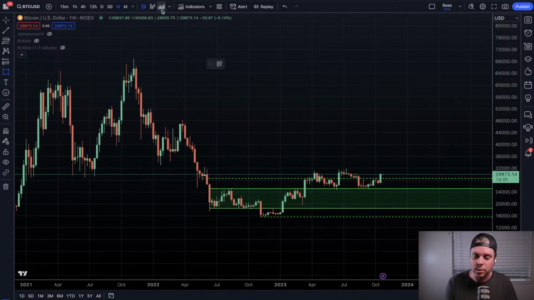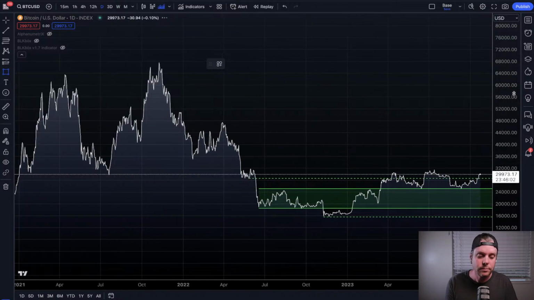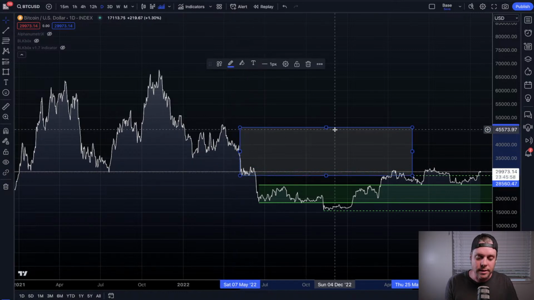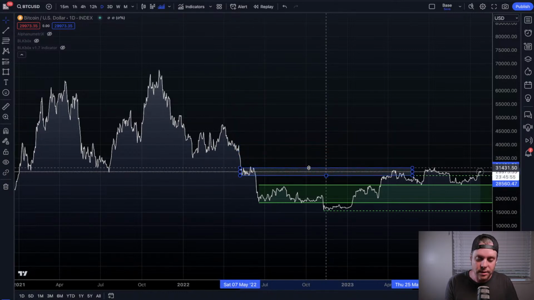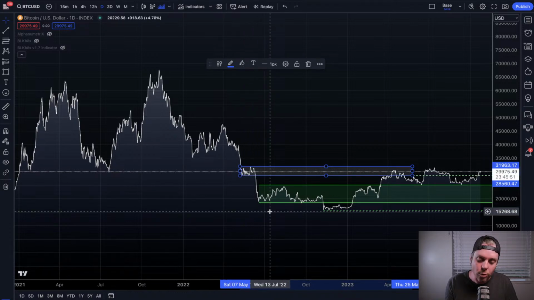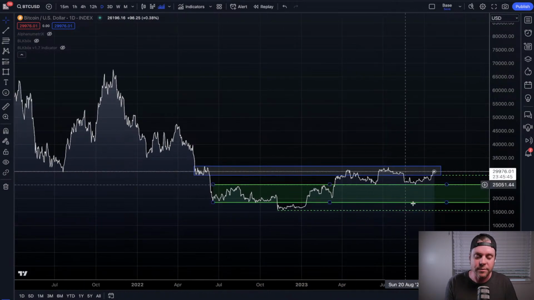Let's go over to the area chart here on the daily. And it's this area down here. You can see the consolidation range down here at the preliminary support before we had our capitulation after the FTX collapse. This is kind of the area that we want to focus in on.